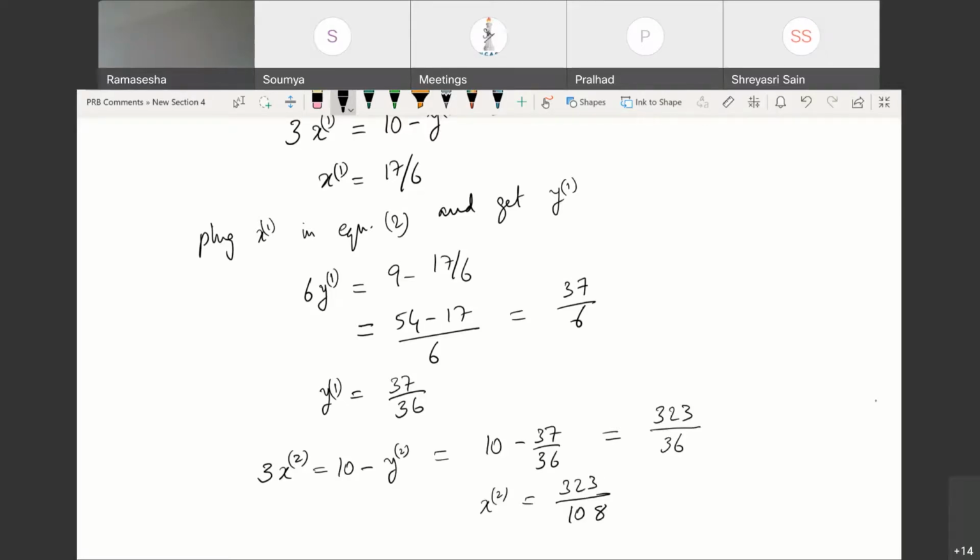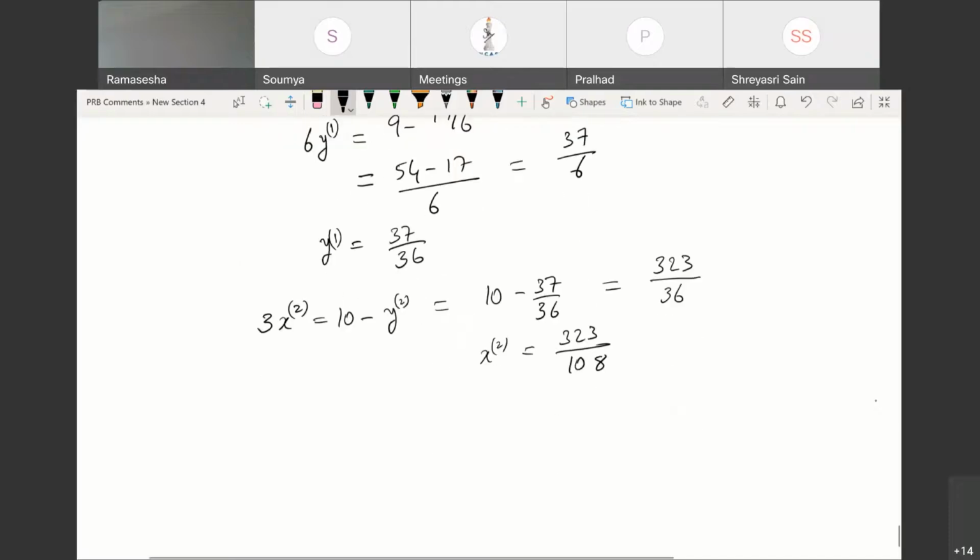And now let me see what is y2. From the second equation, 6y2 is equal to 9 minus x2, right?